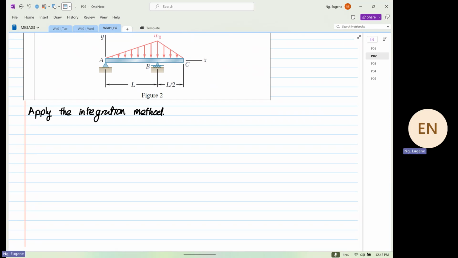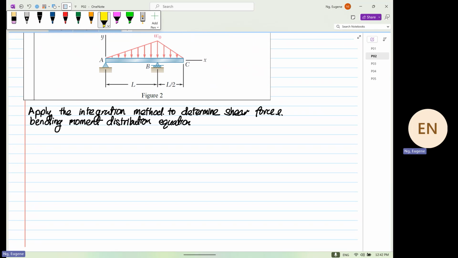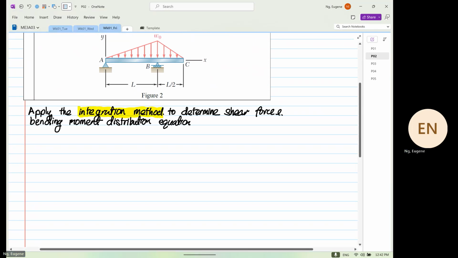Now, from point A to point B, I need to write down: to determine shear force and bending moment distribution equation. I will highlight over here. The emphasis is on what?